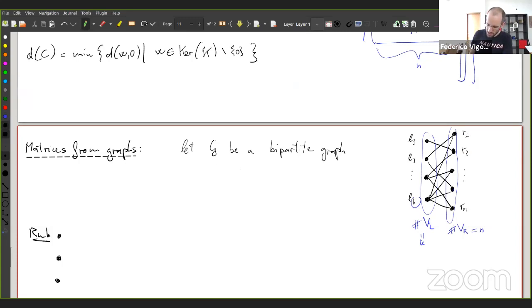And to such a bipartite graph, we get a matrix K of G that we define.